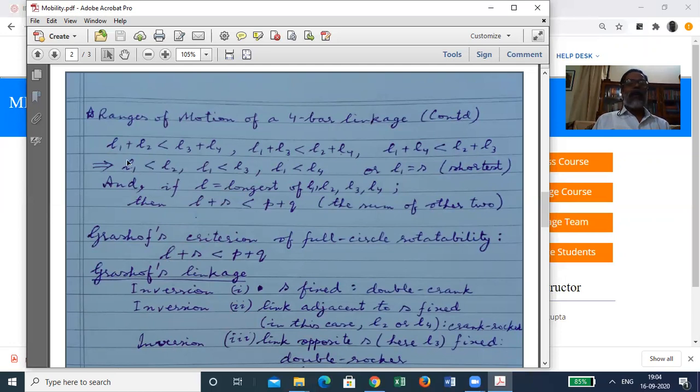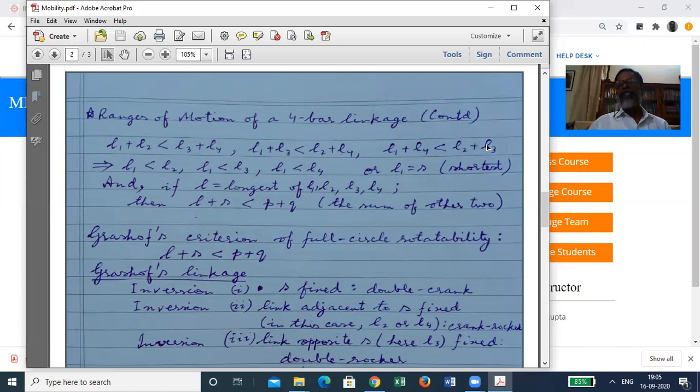Because you see S is L1, so S plus L2 is less than the sum of the other two. S plus L3 is less than the sum of the other two. S plus L4 is also less than the sum of the other two. That means S plus any one of them is less than the sum of the other two.